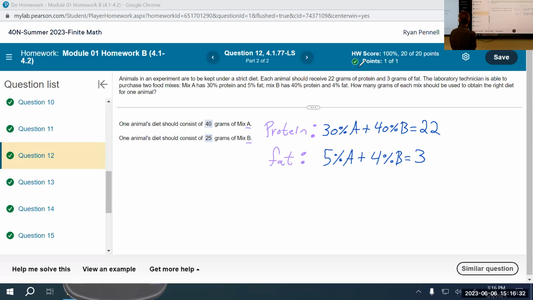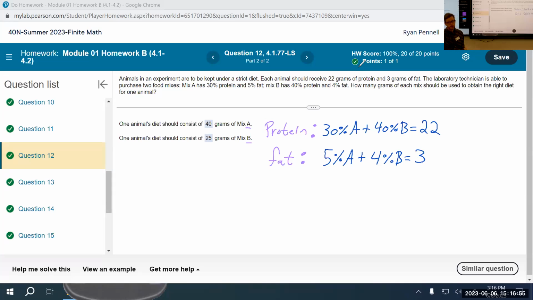I'll remind you that 30% is really the number 0.3, 40% is the number 0.4, 5% is the number 0.05, and 4% is the number 0.04. That's something to keep in mind.